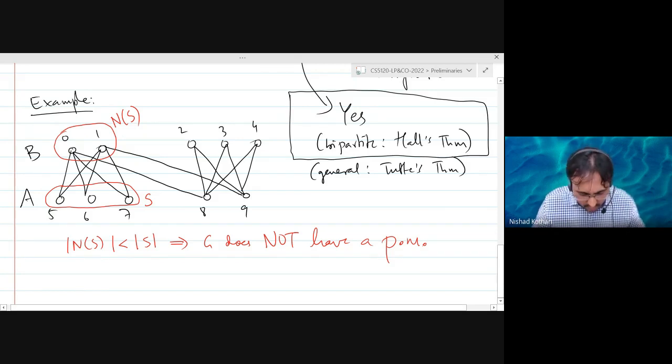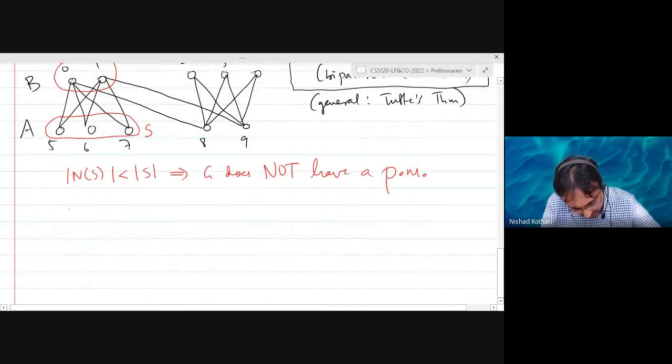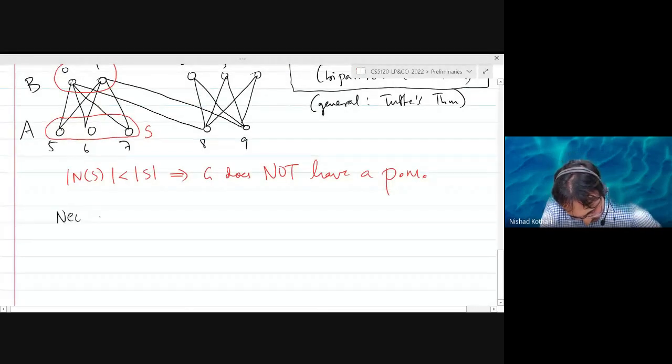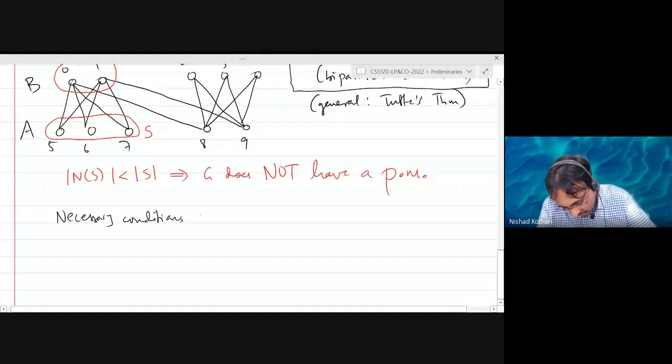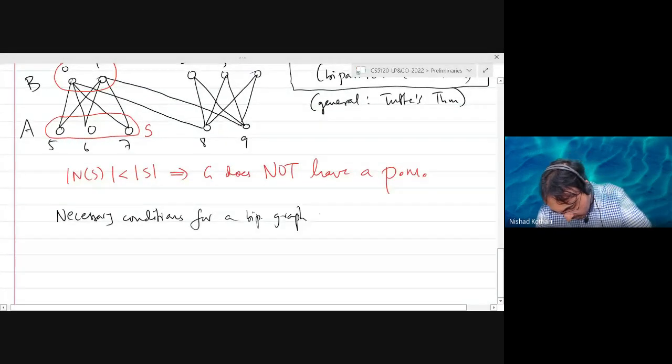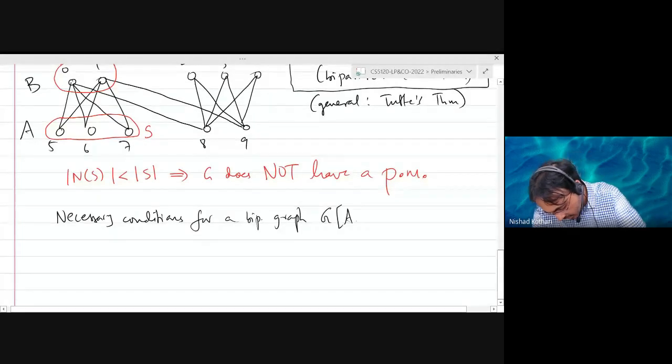So, are there any questions or concerns at this point? So that gives us some necessary conditions for a bipartite graph G to have a perfect matching.